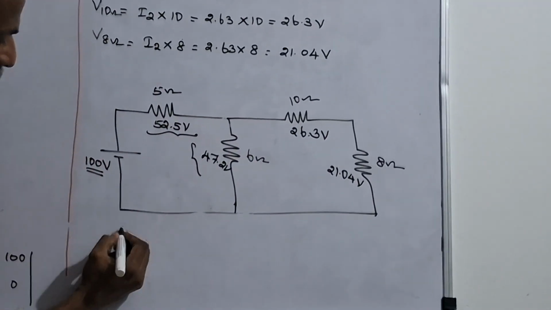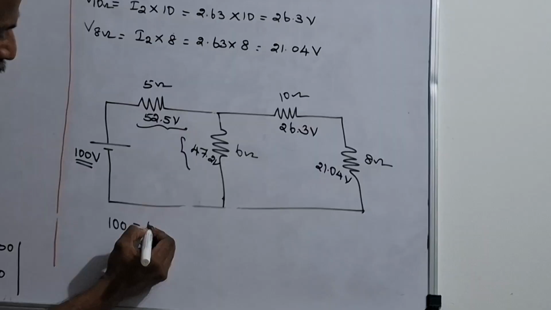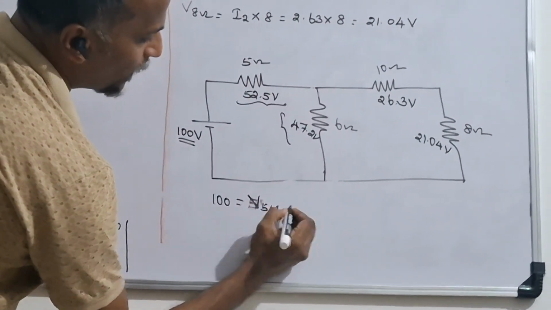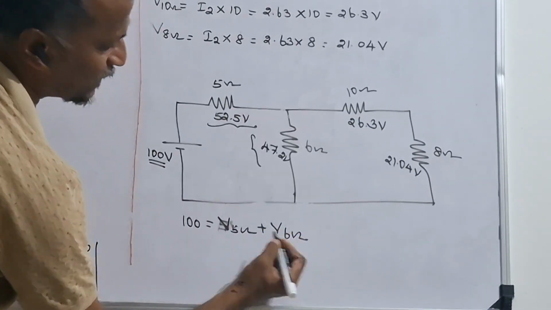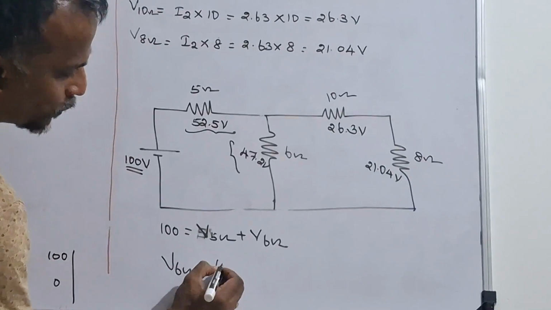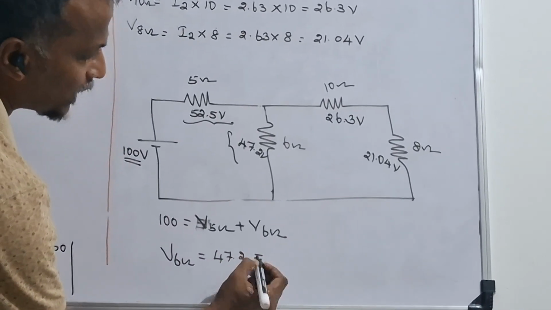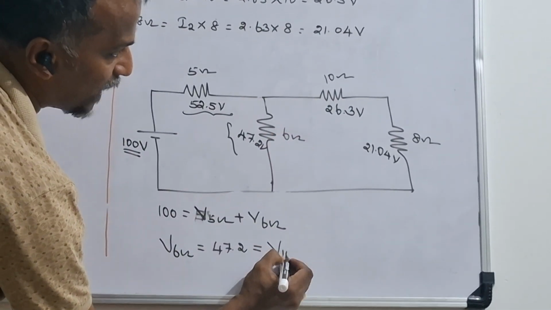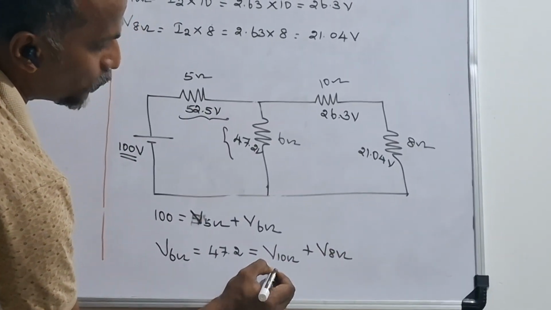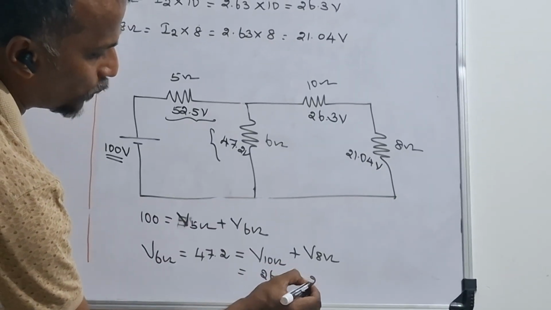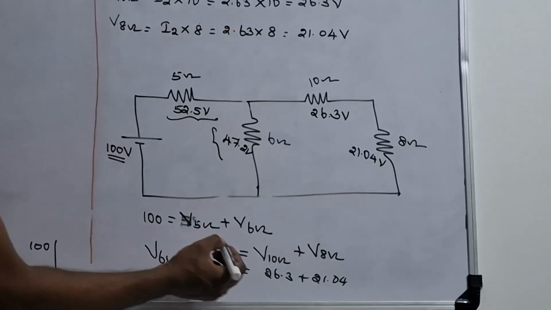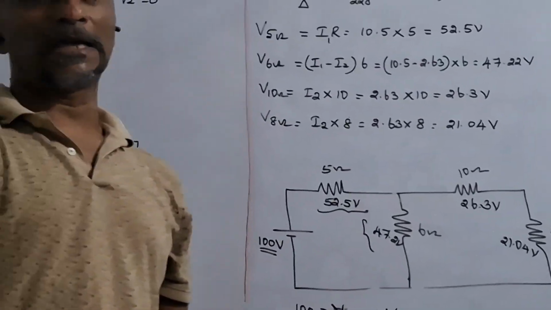That means 100 volt is equal to the voltage across the 5 ohm resistance plus the voltage across the 6 ohm resistance. Then the voltage across 6 ohm, 47.2, is equal to the voltage across 10 ohm plus the voltage across 8 ohm. That means 26.3 plus 21.04, we will get approximately 47.2 volt. So hence this Kirchhoff voltage law is proved.